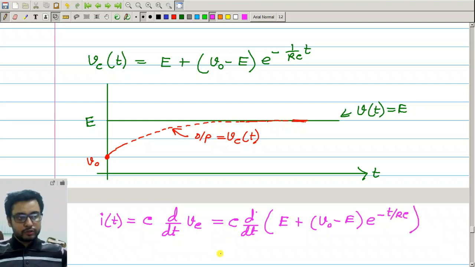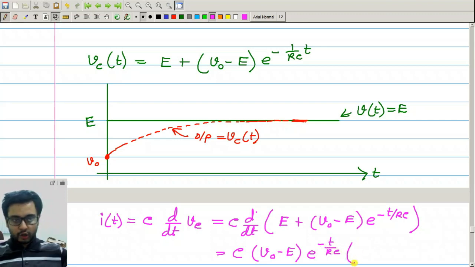If you carry out this differentiation, E will become 0, then (V0 minus E) multiplied by e to the power minus t by RC, whole multiplied by minus 1 over RC.